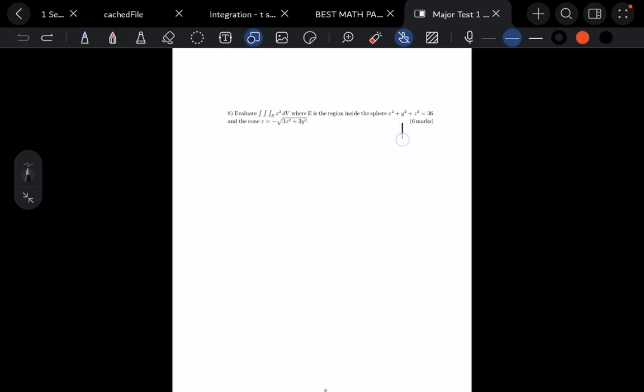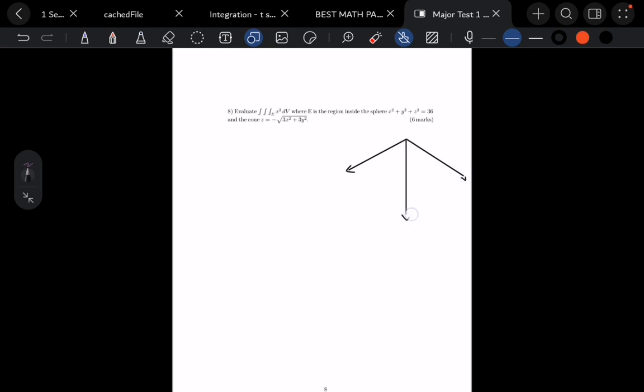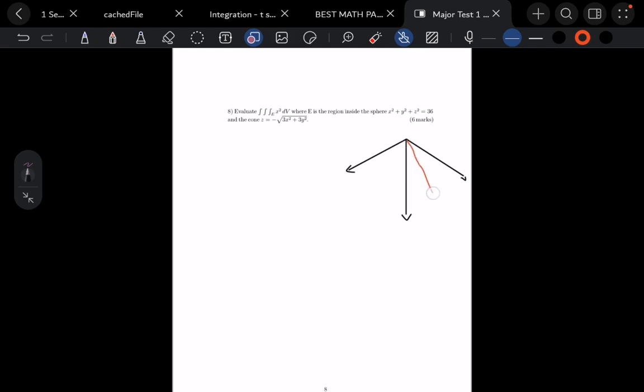If you draw a cone in such a way, and then this thing here, which is something like that, your cone will be like that.